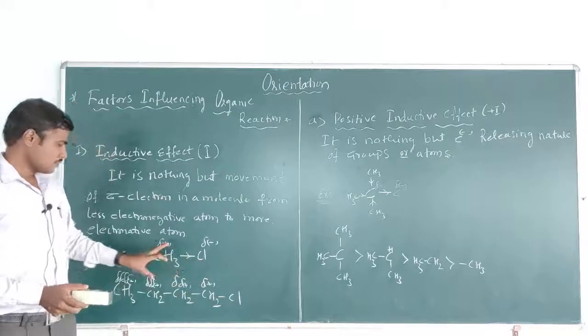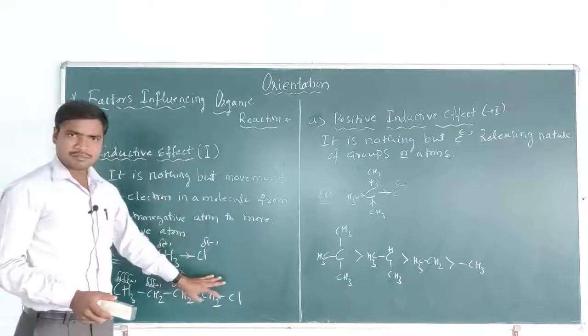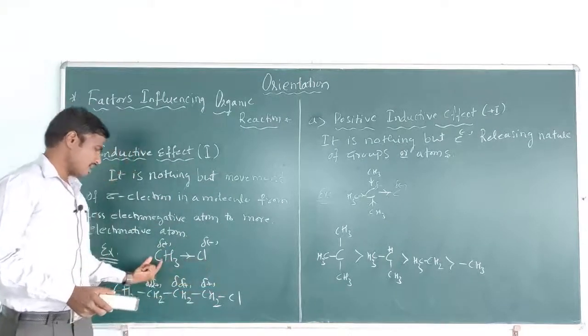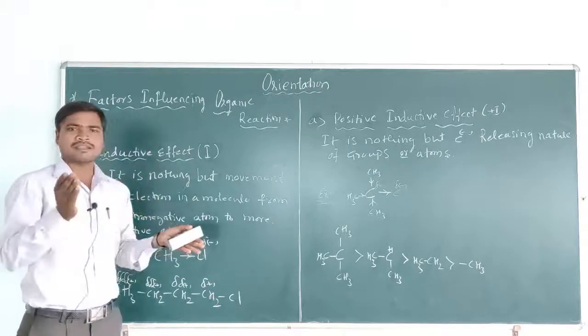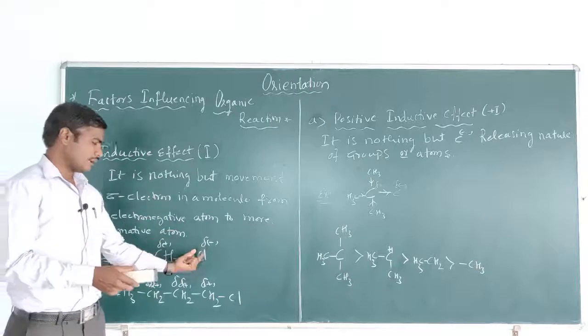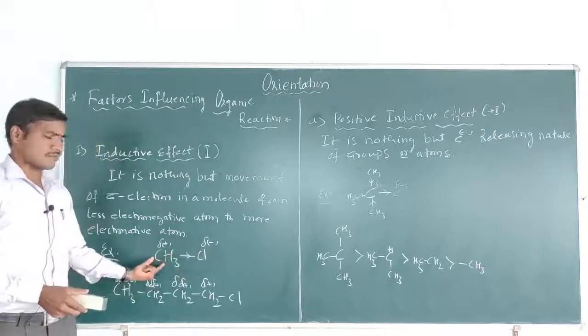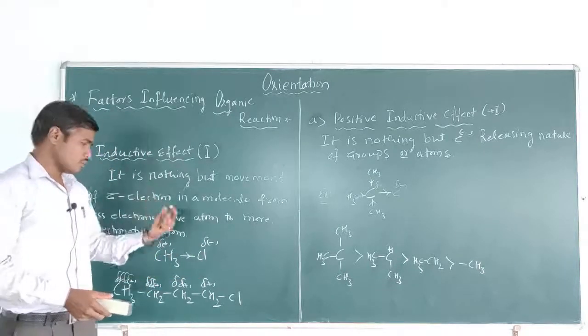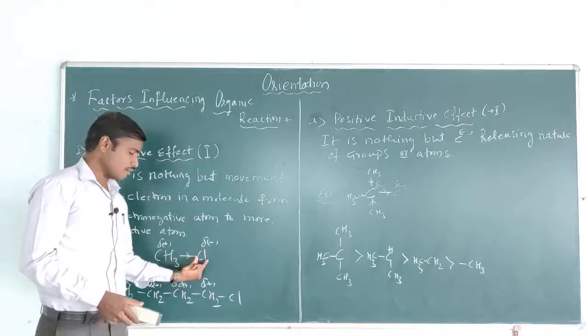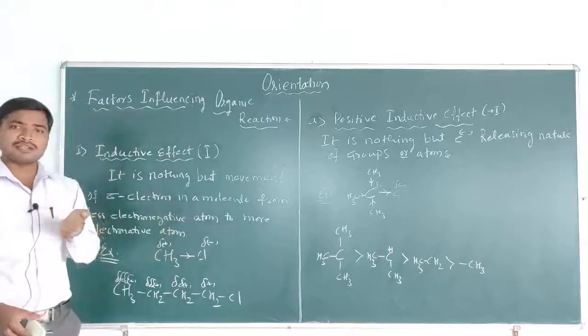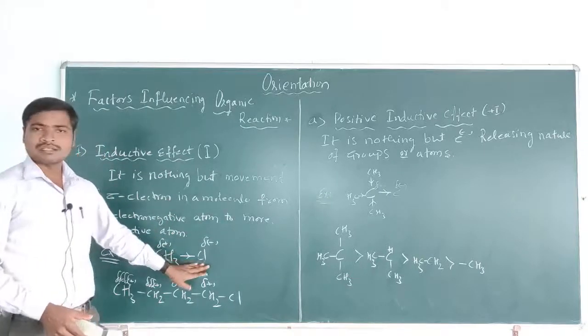Here we know the electronegativity difference between the chlorine atom and the carbon atom. For example, in a molecule where a heteroatom like chlorine is attached to a carbon atom, because of the greater electronegativity of chlorine, the chlorine attracts the bonding electrons towards itself.